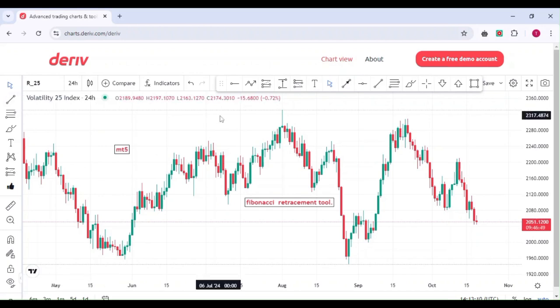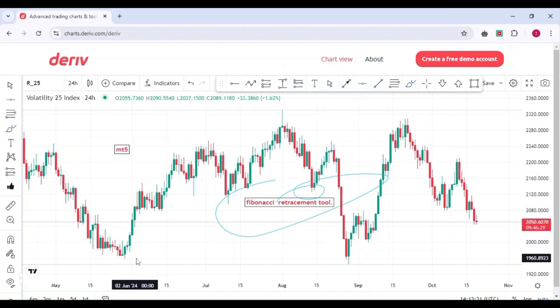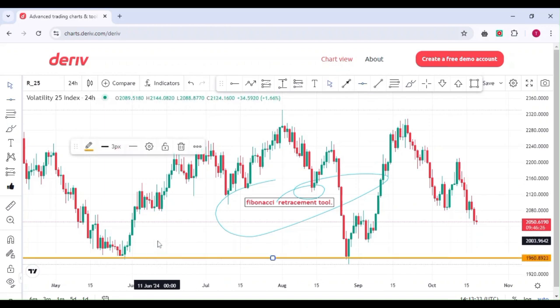So we first need to know what this tool is essential for. It's a popular tool that traders use to identify potential support and resistance. Remember, it's very essential for identifying potential support and resistance.